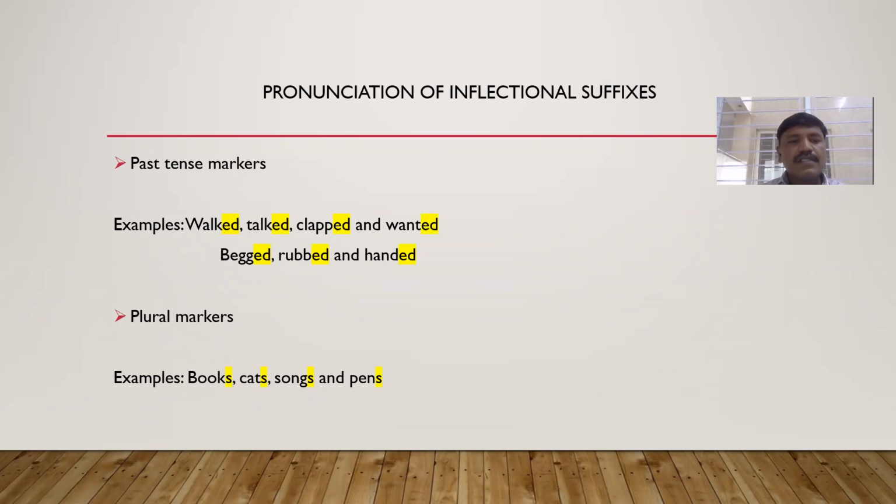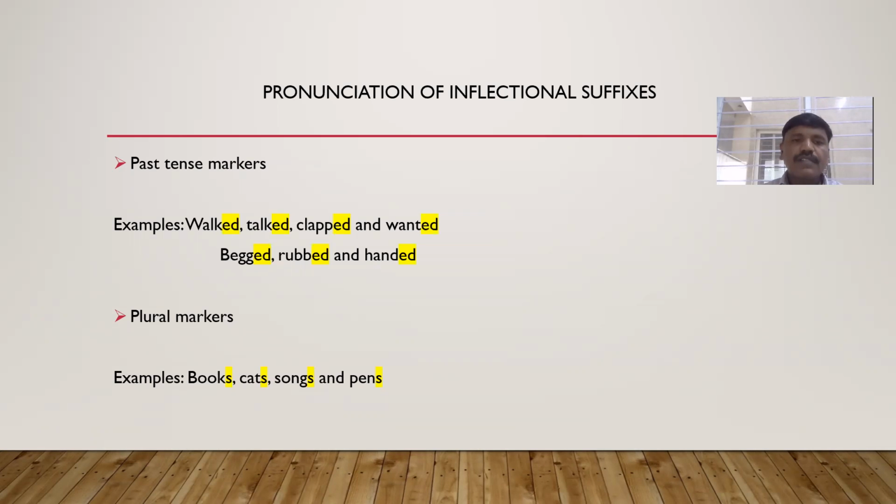For example, when we see these past tense markers, the verb walk is inflected for its past tense. So walk is the base form and it is inflected. It means the word's form is changed. So we can say that the word walk is inflected for its past tense.